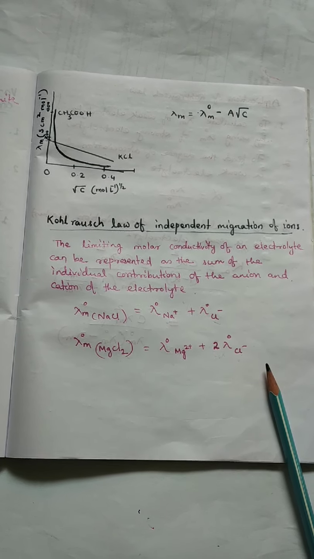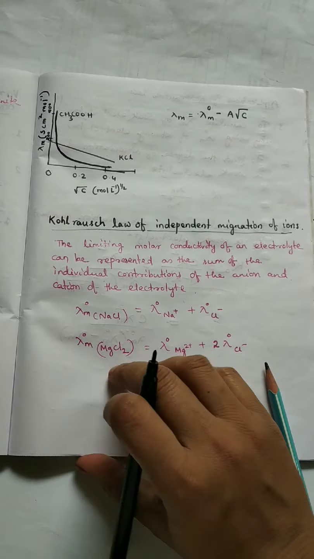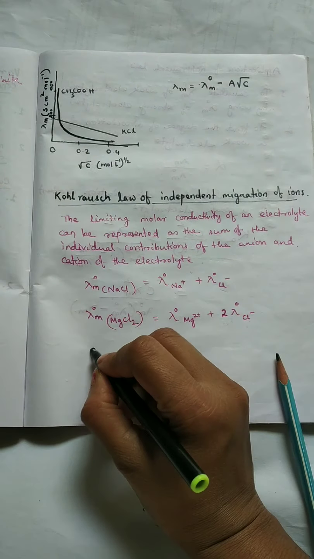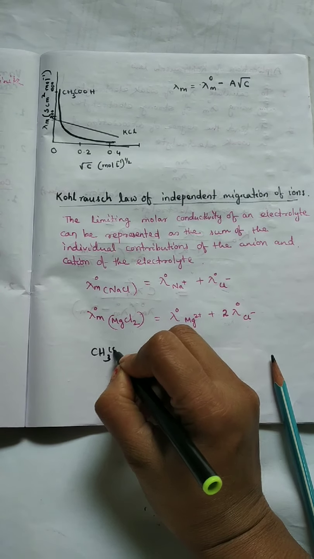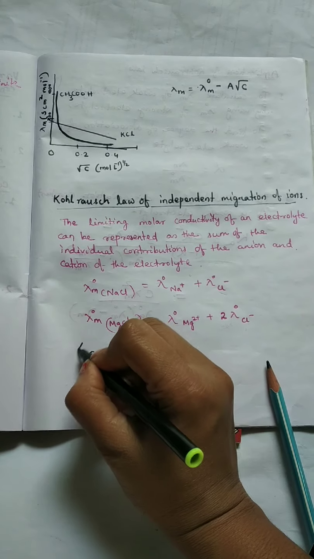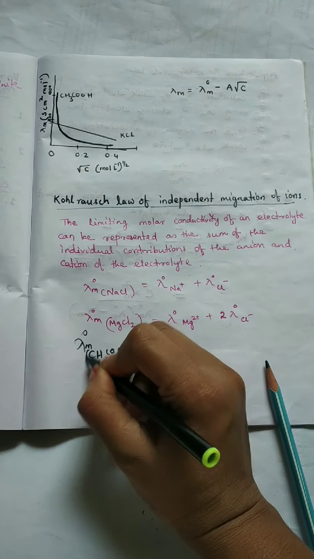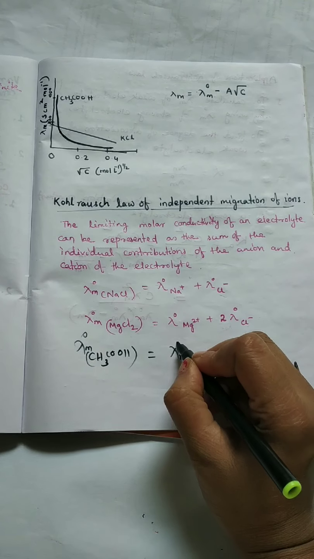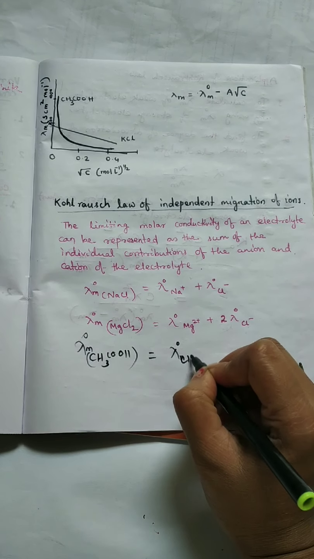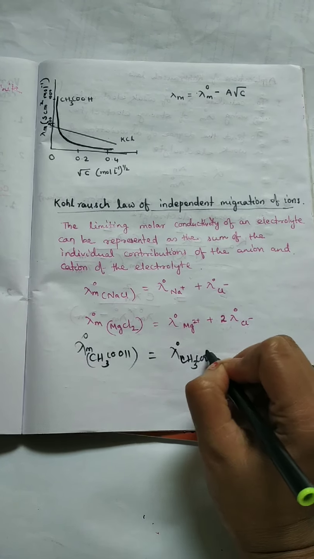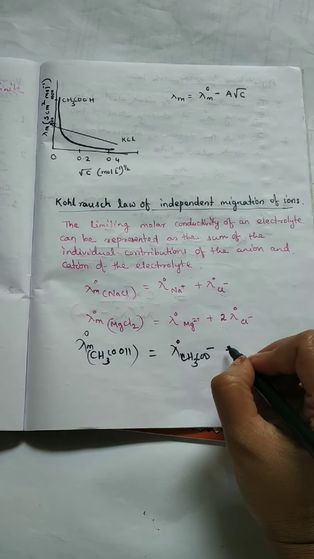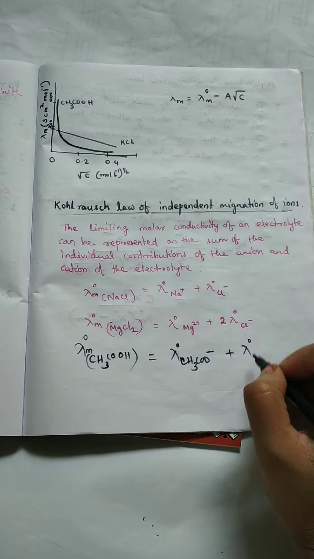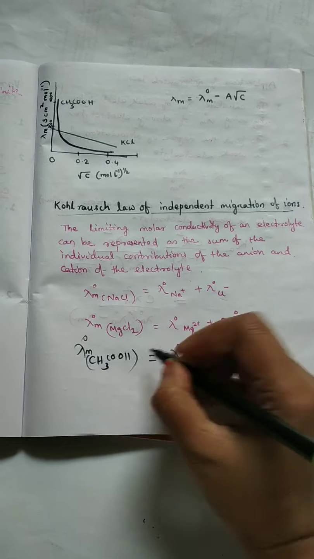Similarly, for a weak electrolyte like acetic acid, the limiting molar conductivity of acetic acid will be equal to the limiting molar conductivity of the acetate ion plus the limiting molar conductivity of the H plus ion.